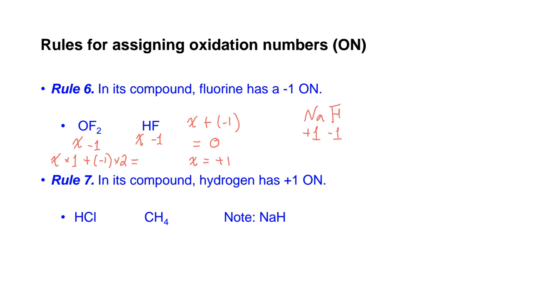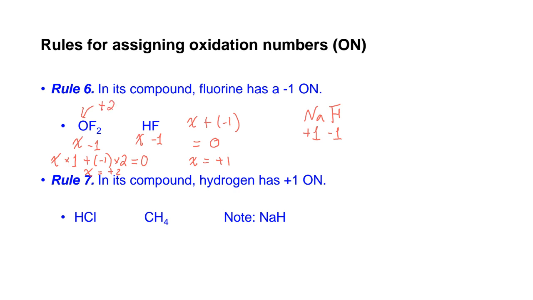Then the net charge of OF2 is supposed to be 0. If you solve for X, you get a +2 oxidation number. So the oxidation number of oxygen in this case is +2.